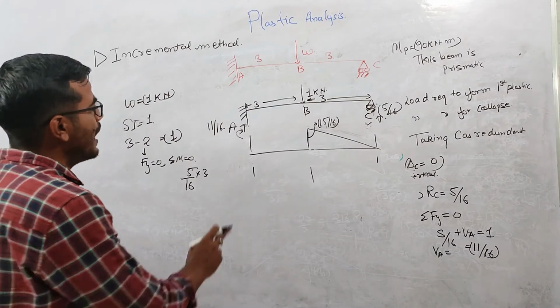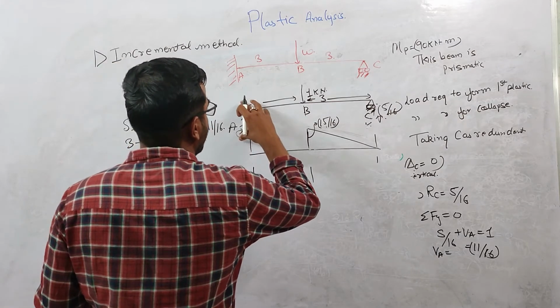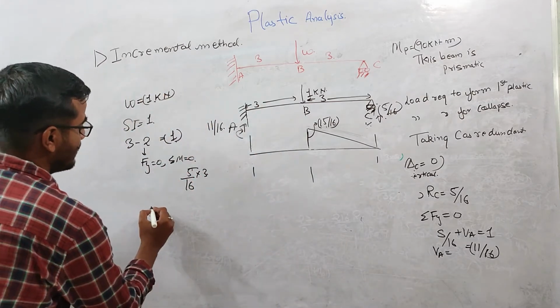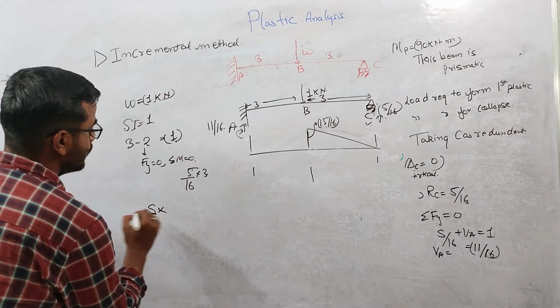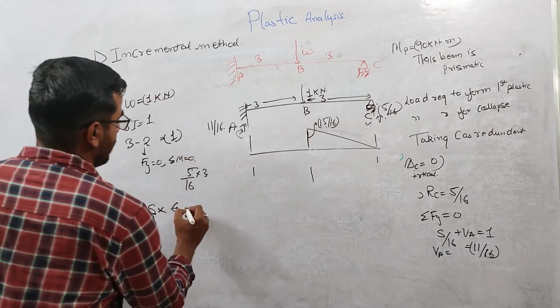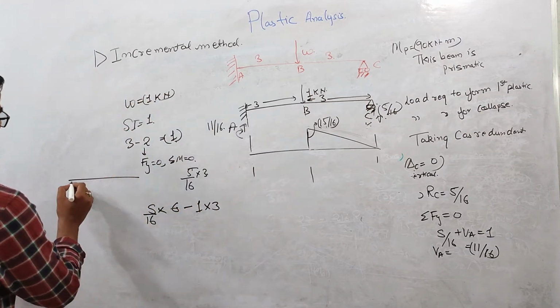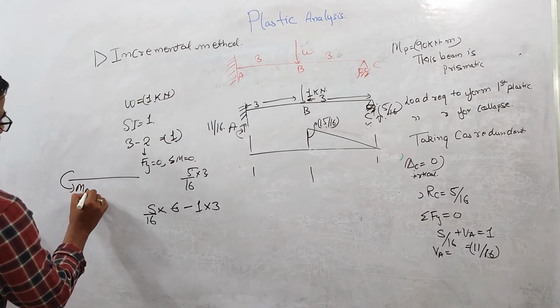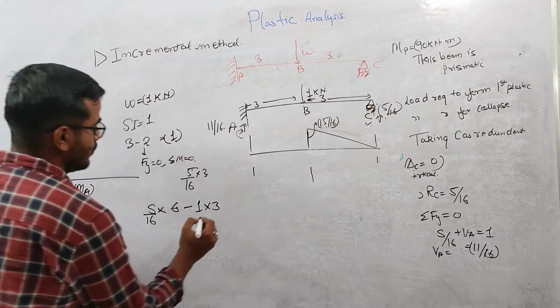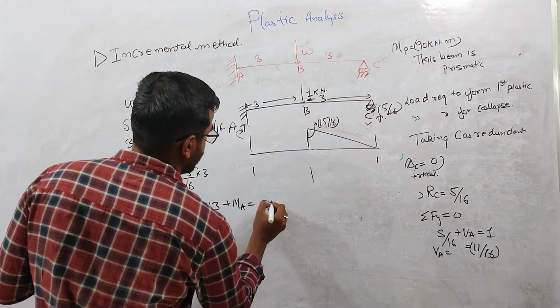Now, if you calculate the moment at this point, I'm taking the summation M equal to 0 about A. So due to this RC, 5 by 16 into 6, right? Minus 1 into 3. And I'm assuming that the moment acting at A is in the anti-clockwise direction. So this will be plus MA equals 0.